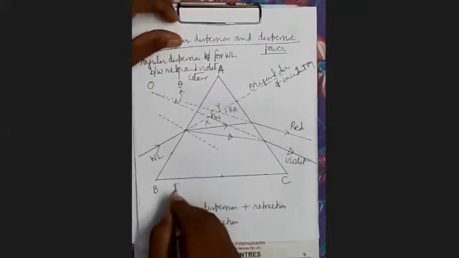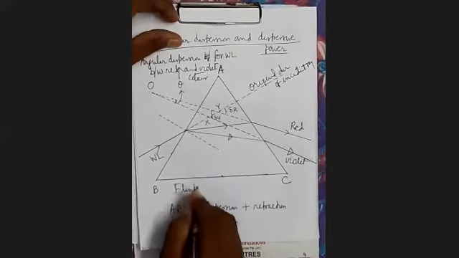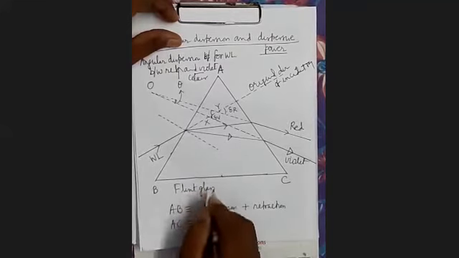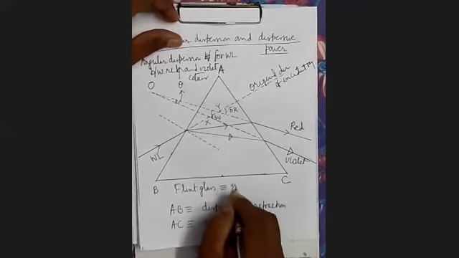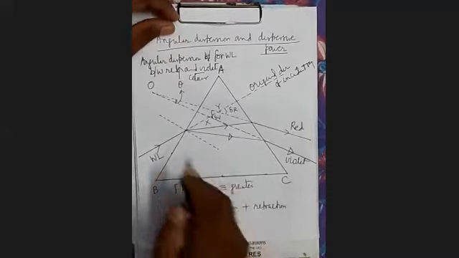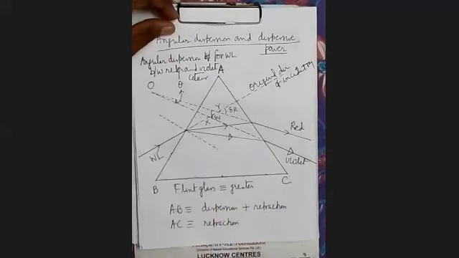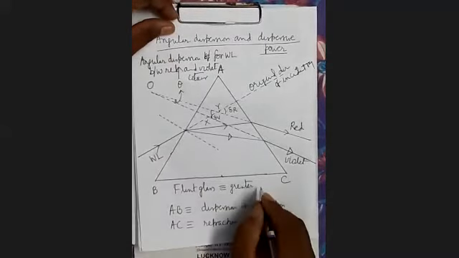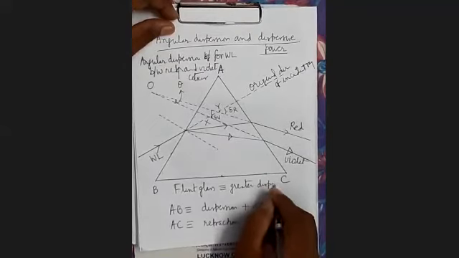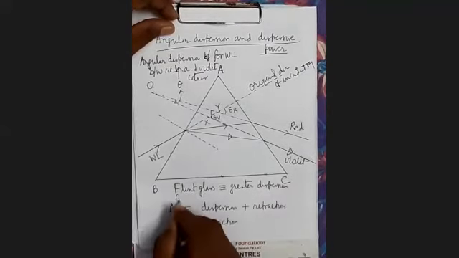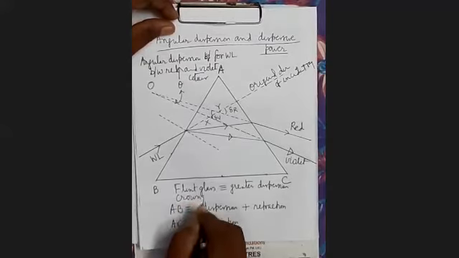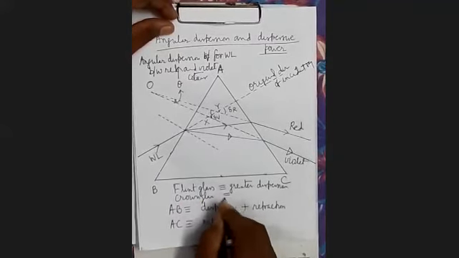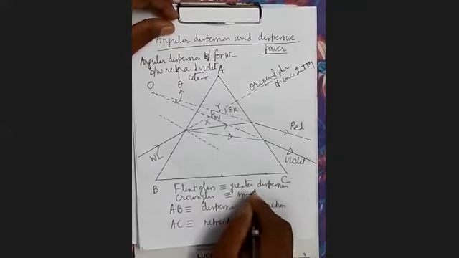Flint glass, greater dispersion: the greater the angle, the more the dispersion. And crown glass, smaller dispersion.